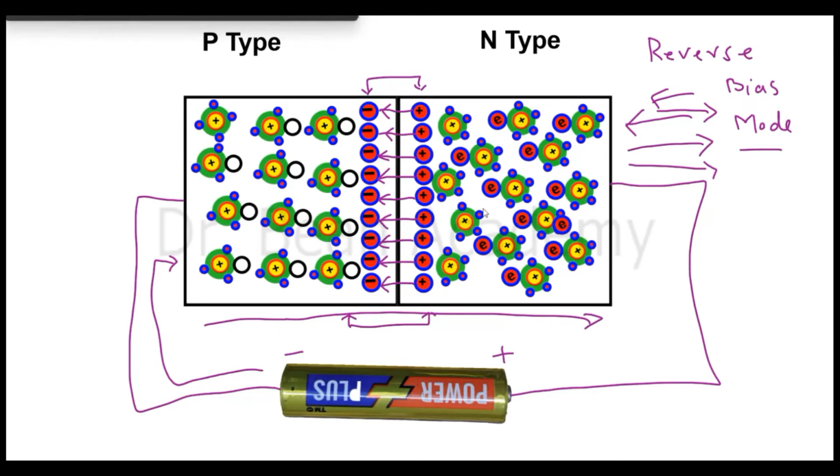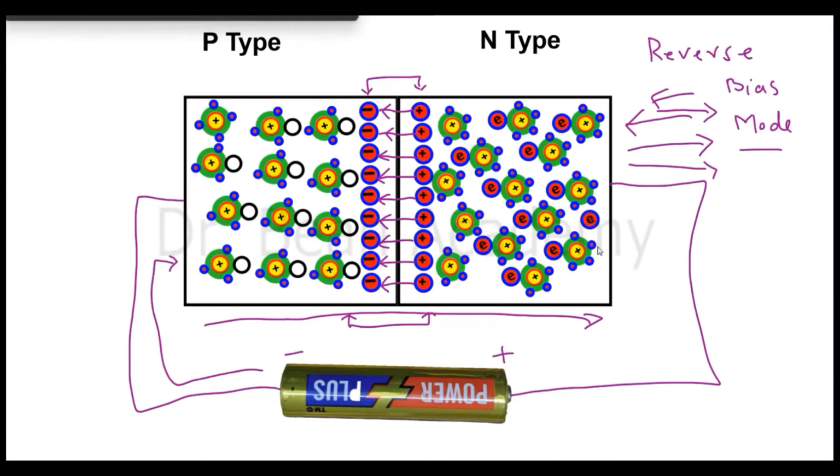Majority charge carriers are electrons on the n-type side. If an electron on the n-type side crossed the barrier towards the left side, that current would be because of the majority charge carrier, because on the n-type side a lot of the charges are free electrons, and on the p-type side, holes.